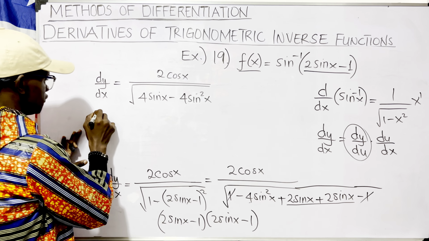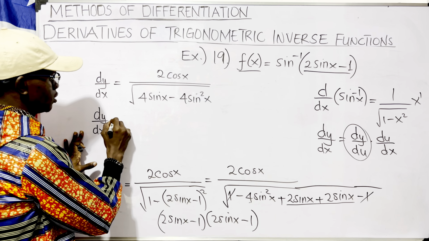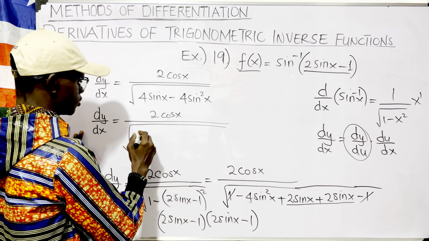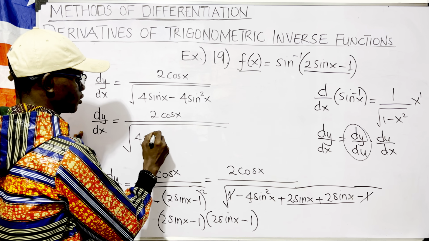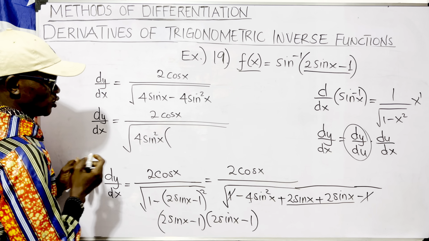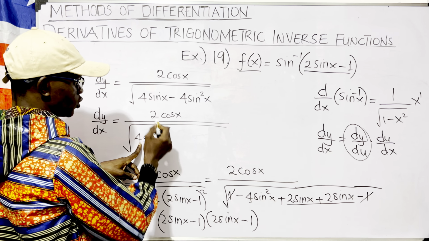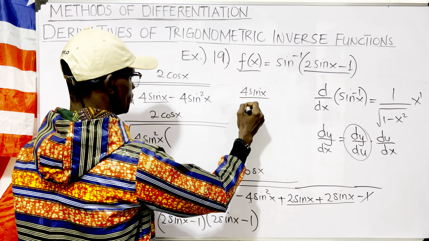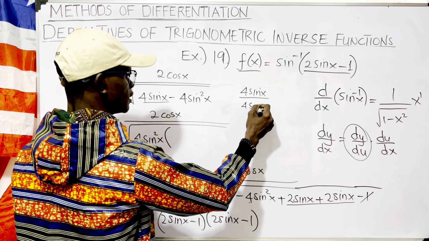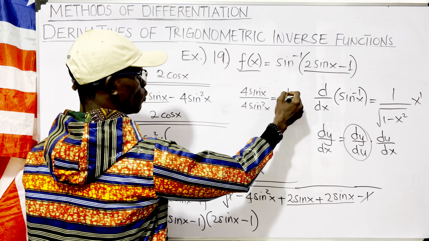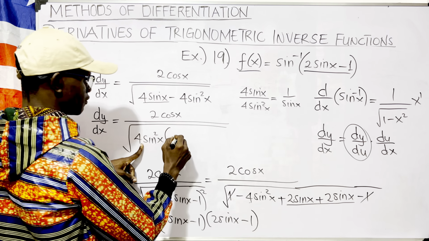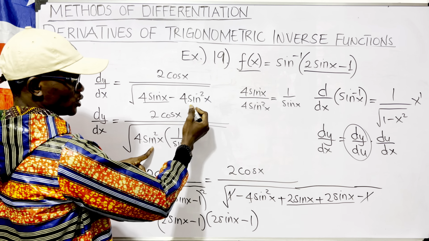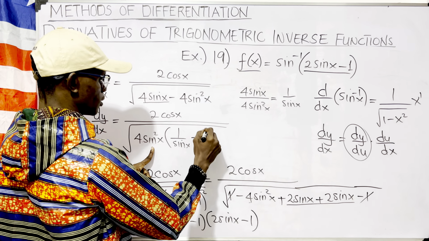So let's factor out 4 sine square x. 4 sine square x goes into the first term: 4 sine x divided by 4 sine square x, the remainder will be 1 over sine of x. And then 4 sine square x goes into 4 sine square x is just equal to 1.